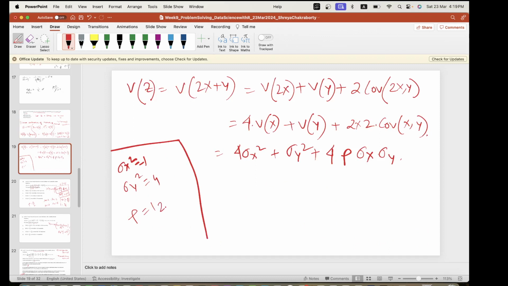So here it will be 4 plus 4 plus 4 into 1/2 into 1 into 2. So this will be 8 plus 4, that is 12.